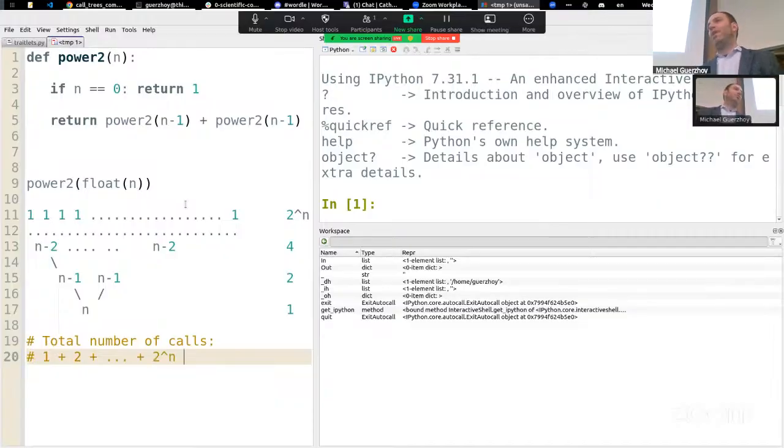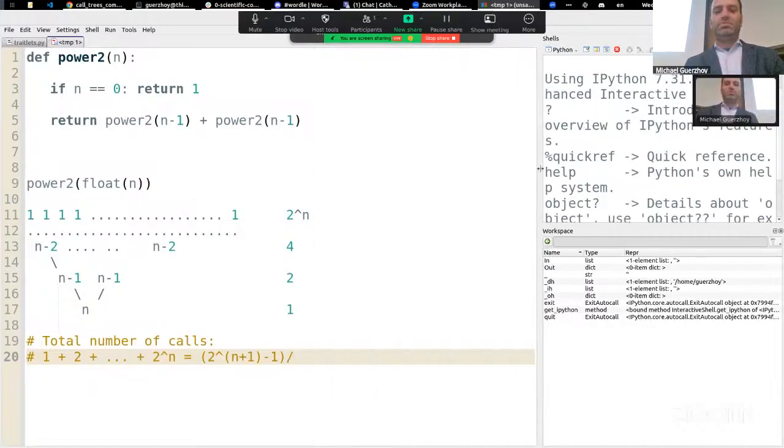That is the geometric series. So you've got to know the geometric series, the arithmetic series. This is 2 to the n plus 1 minus 1, divided by 2 minus 1. This is 2 to the n plus 1 minus 1. And this is O of 2 to the n, because this is just 2 times 2 to the n. So O of 2 to the n.